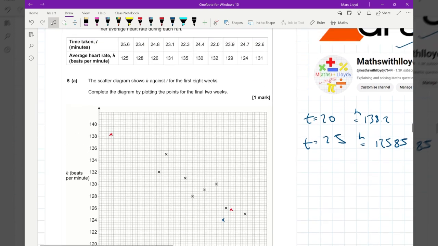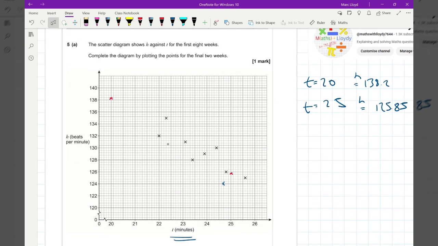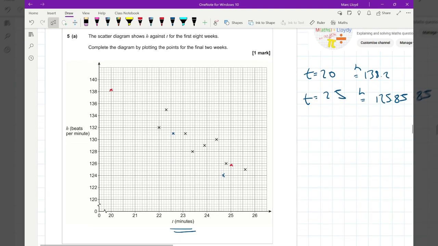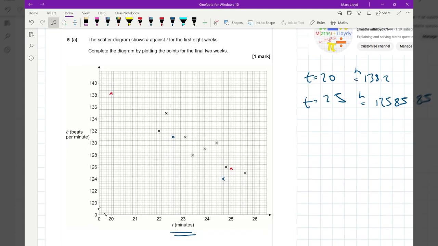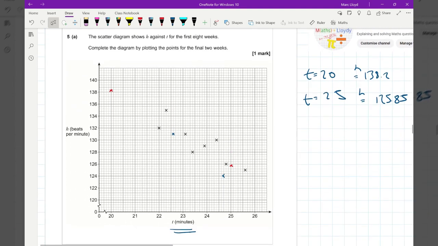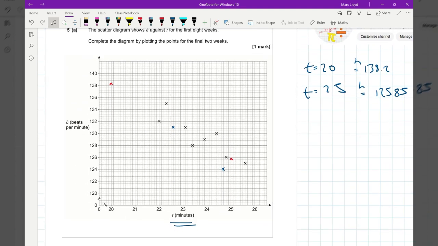And then 131 is in the middle of this. Okay, 22.6, 131, happy with that. And then the other one, 24.7 at 124, that's on the line, so that's okay. Sorry, because of the scaling of the graph, so we've got to be careful with that.